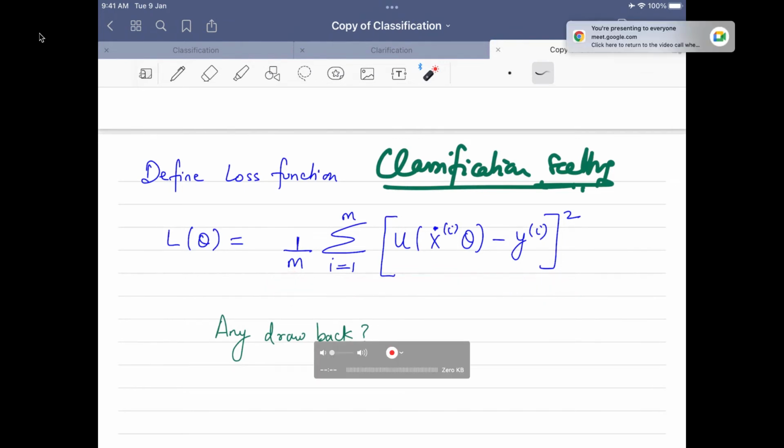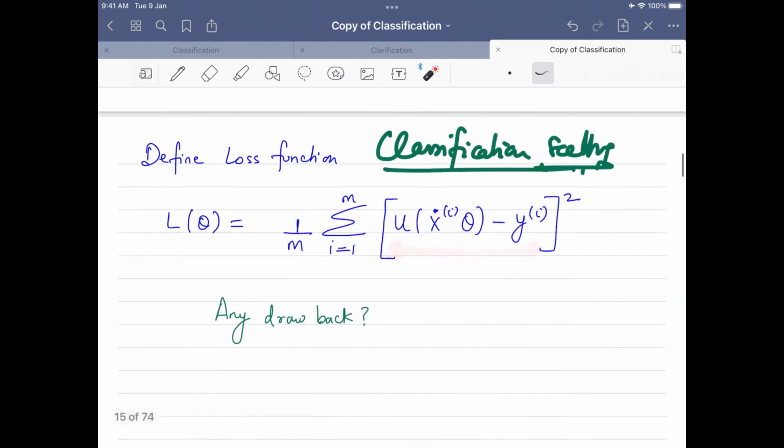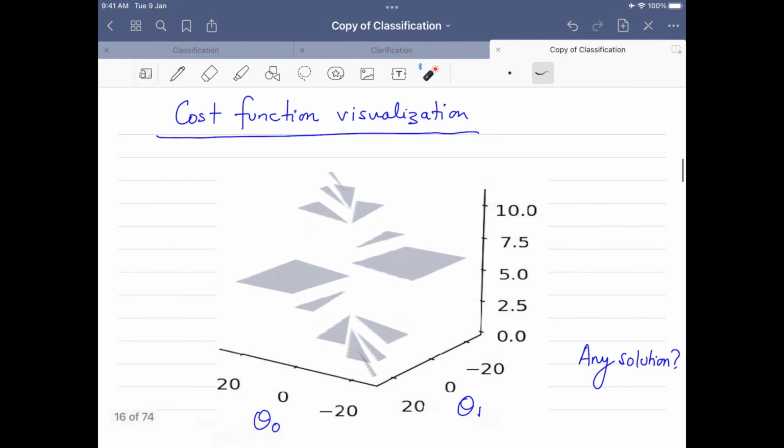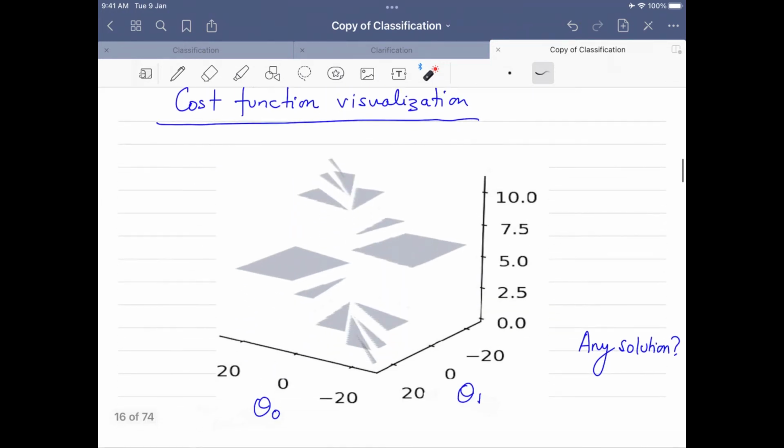Anyone? So this is the classification setting where we have this particular loss function, which is defined like this. The drawback that we have here is in the cost function. If you plot this particular cost function, it looks like this. The problem is that most of the areas of this plot are mostly flat.